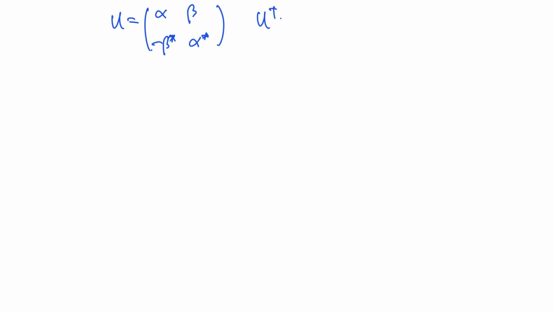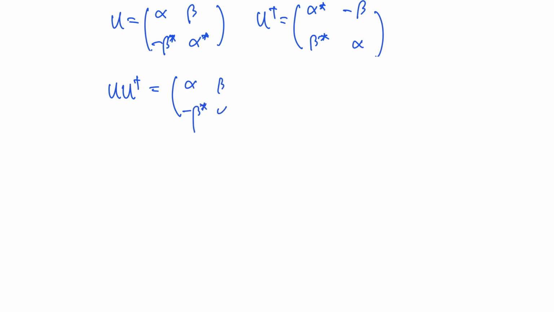U dagger was defined as alpha complex conjugate, minus beta, beta complex conjugate, alpha.